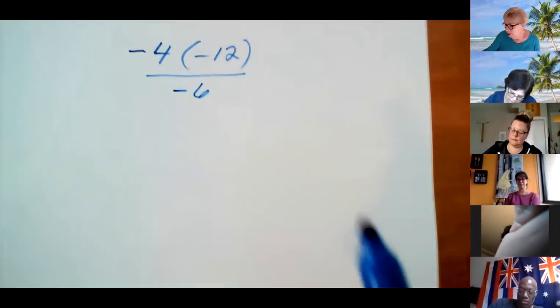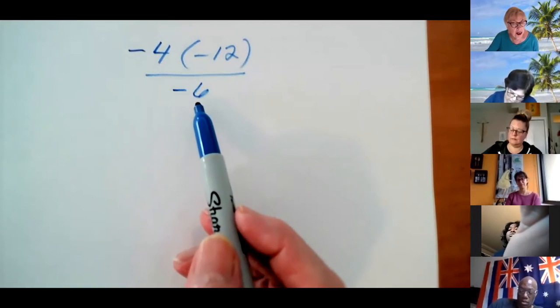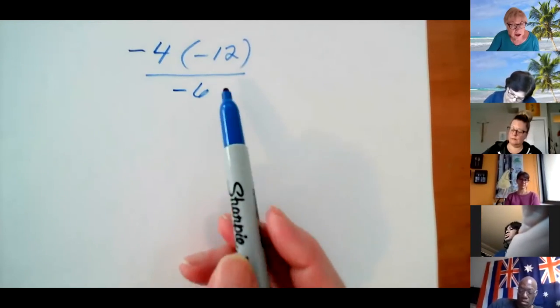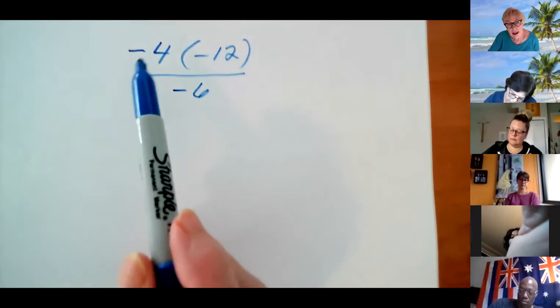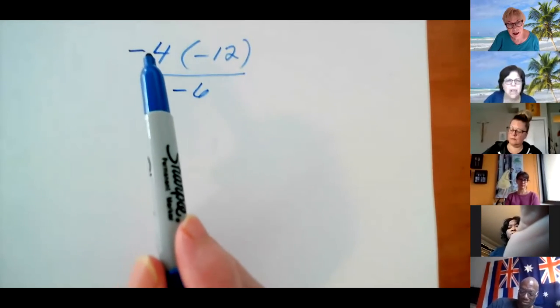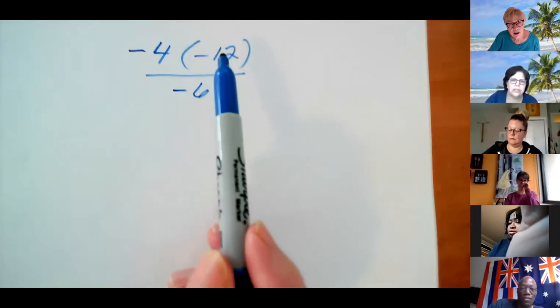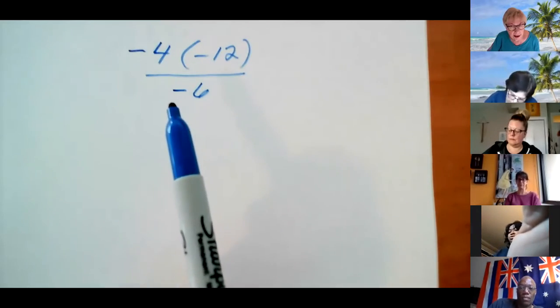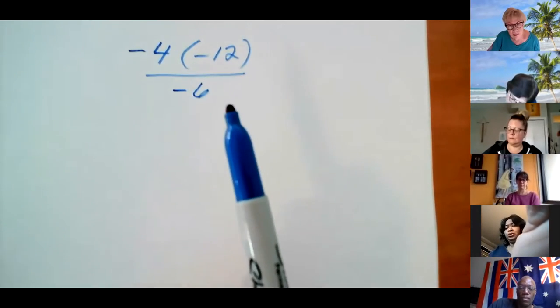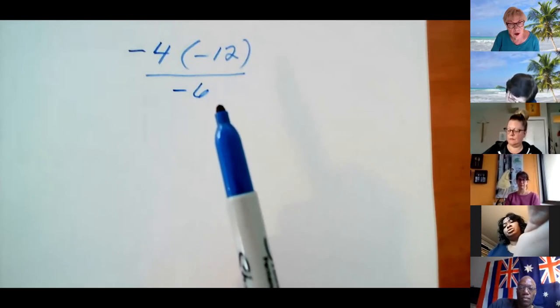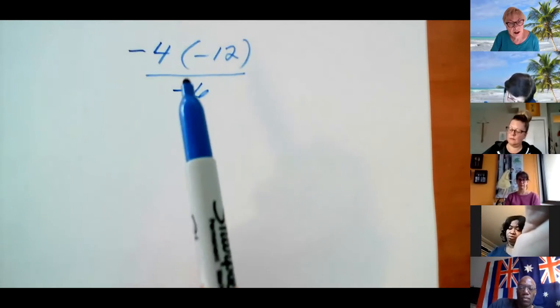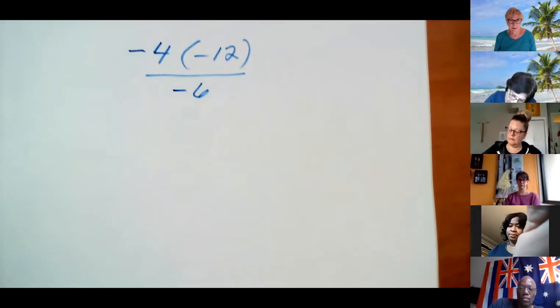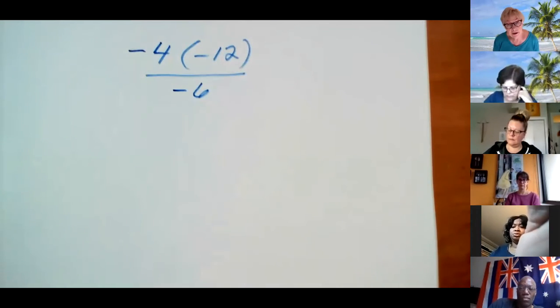So here's one. This is multiplication and division in the same problem. Who cares? They use the same rules. The next thing I notice is negative. It's all multiply and divide. So I don't have to use the add and subtract rules at all. So I can just count negatives. 3 negatives will make this problem negative.